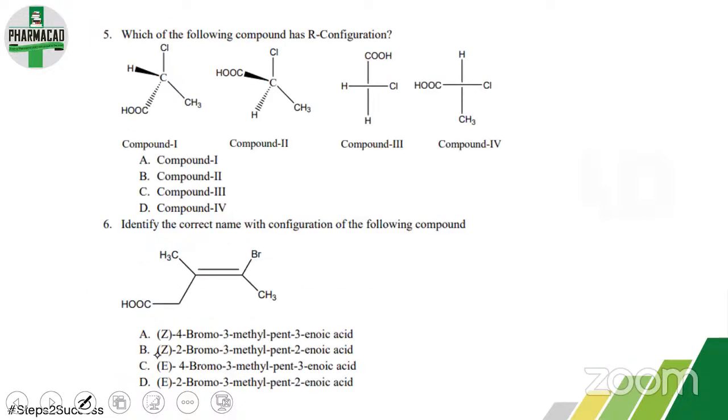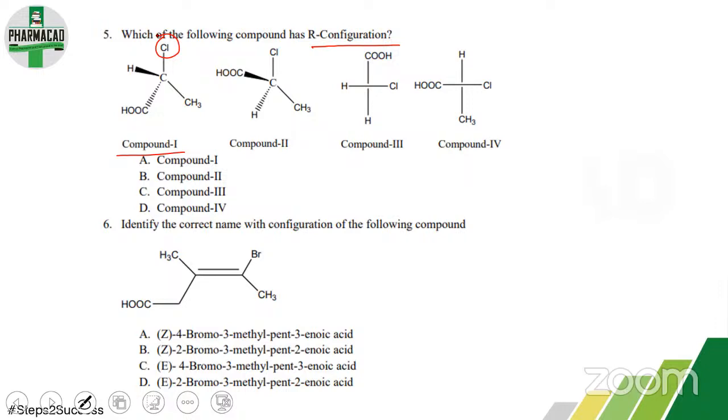Okay. Next MCQ is, which of the following compound has R configuration? Okay, so over here again we have to check whether the rotation is in the clockwise manner or anti-clockwise manner. So for first compound, the priority will go towards the chlorine. As per the atomic number, we have to give the priority.